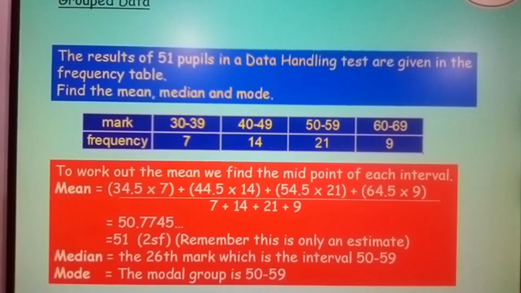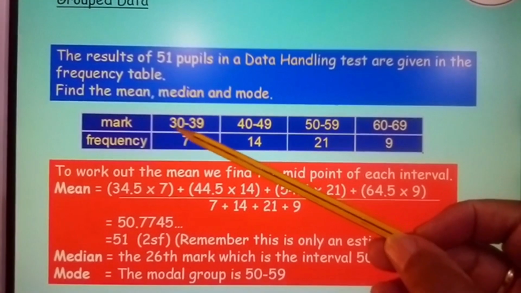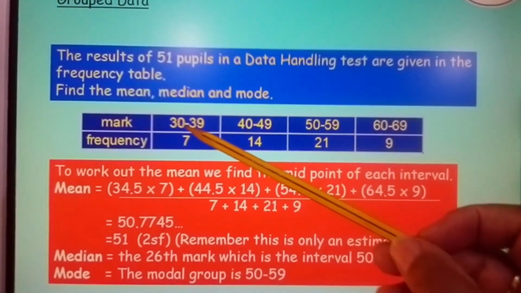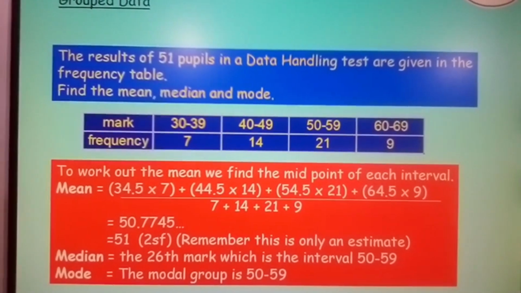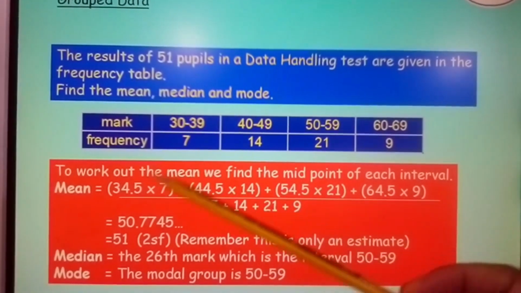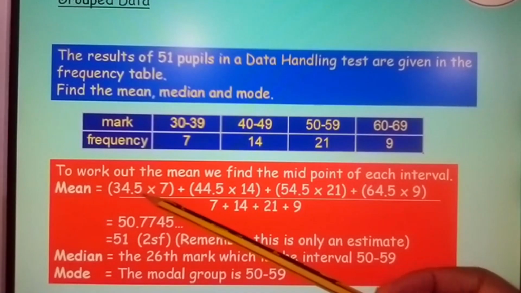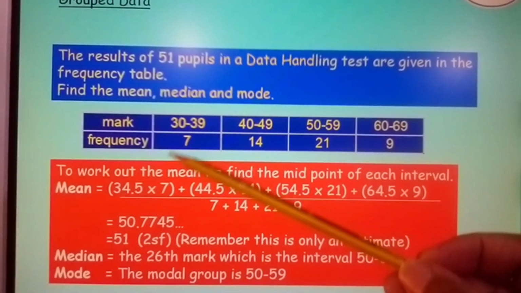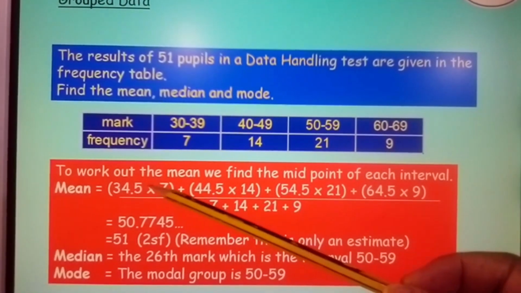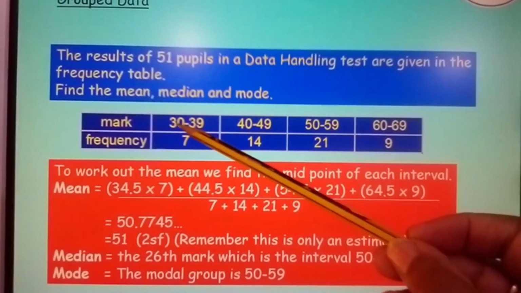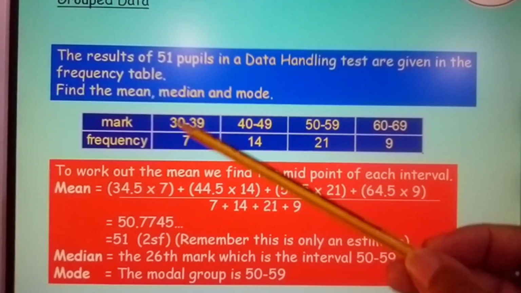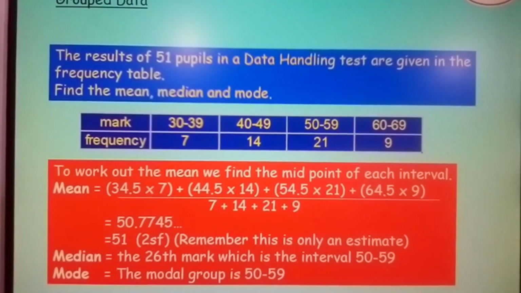So here, if we add this 30 and 39 together it will give us 69, and if you divide 69 by 2 it'll give us 34.5 times 7. That 7 is this 7 here. That 34.5 comes from adding these two together and dividing by 2.